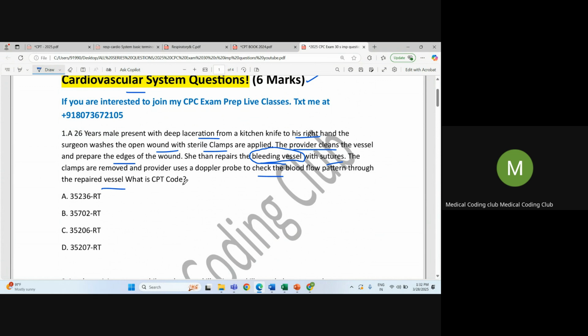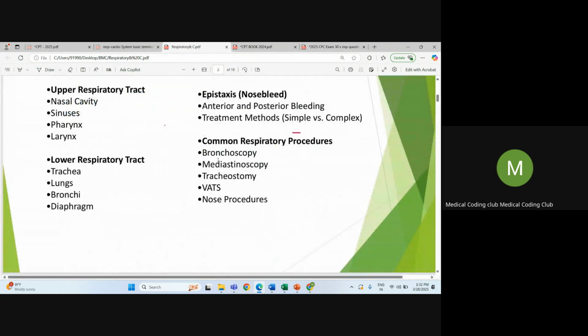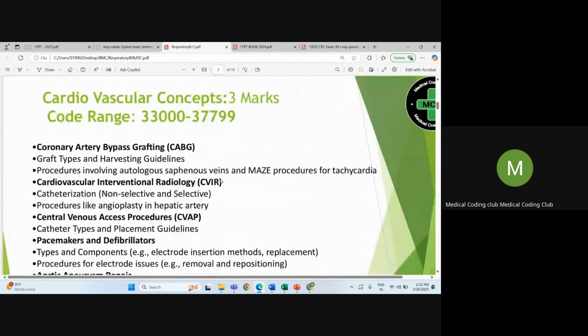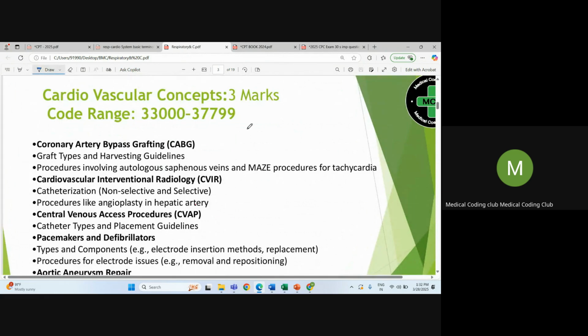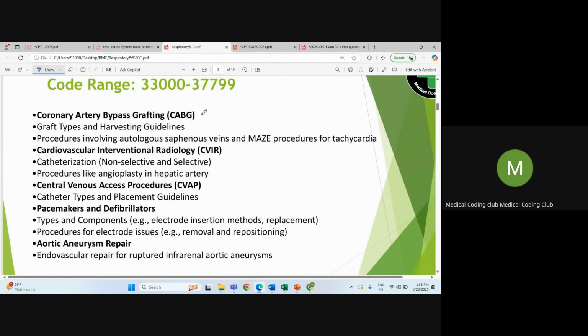Before discussing the answer, I'll give you an overview of the concepts you must refer to from the cardiovascular system. You must refer to the CABG concept and cardiovascular interventional radiology, that is CVIR procedure.